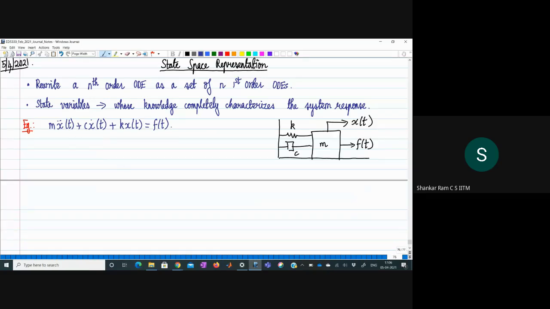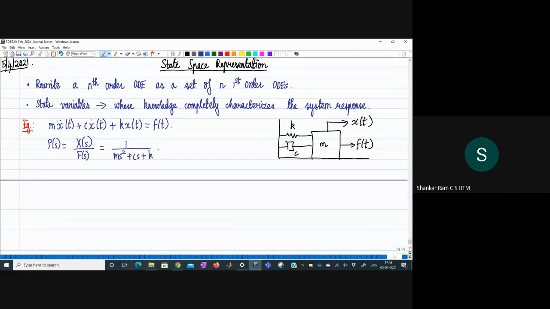If you recall, the transfer function T of s is going to be the Laplace of the output divided by the Laplace of the input, which in this case comes out to be 1 divided by ms squared plus cs plus k. These are things which we are already aware of.